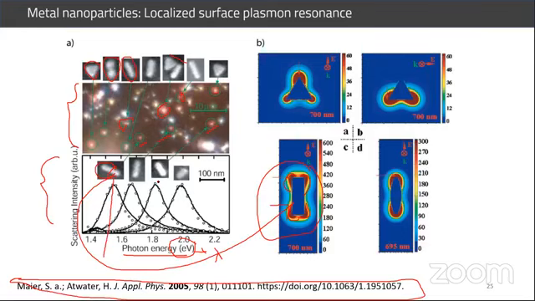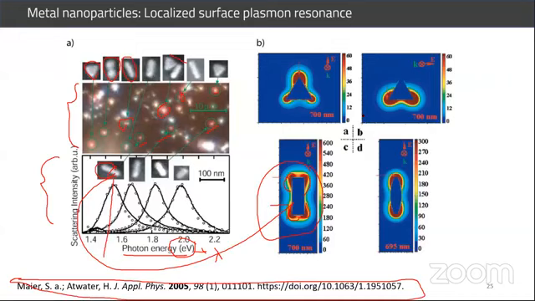All these nanoparticles, let it be spheres or rods or triangles, have their own plasmonic resonance wavelength. It's not like you can shine light with any wavelength and they give you confined light. No, they need a particular wavelength or particular energy so that you can get confinement of the light in the hotspot.